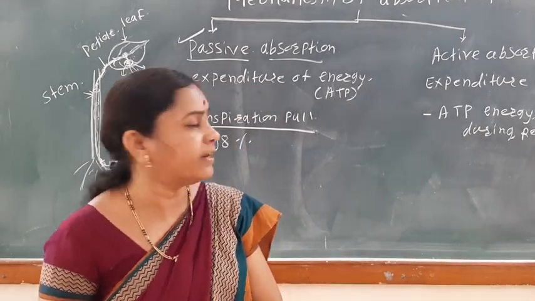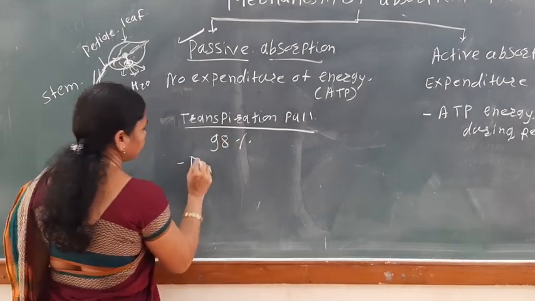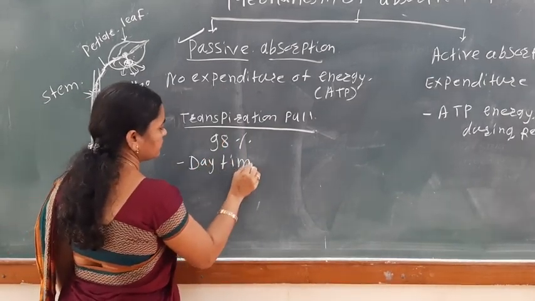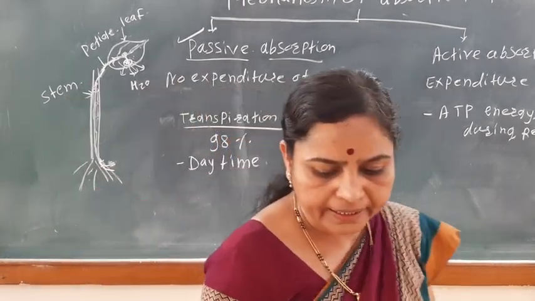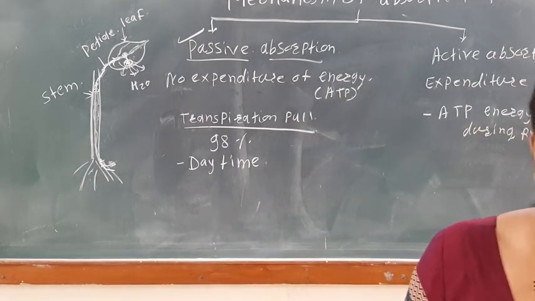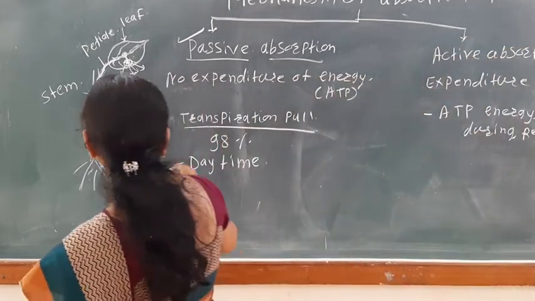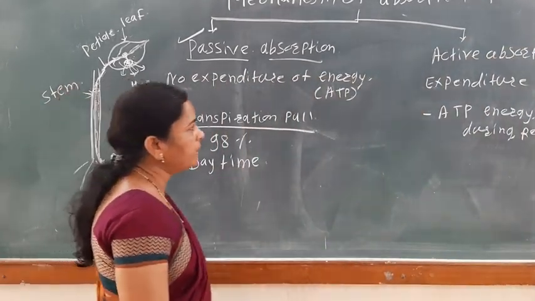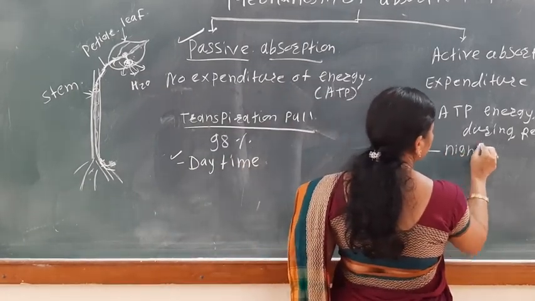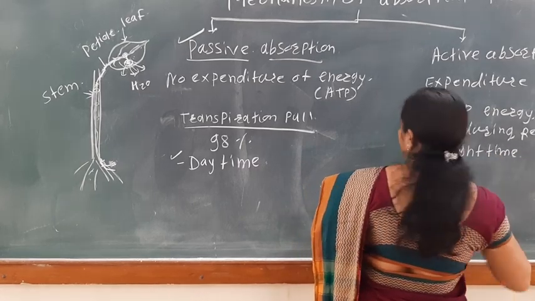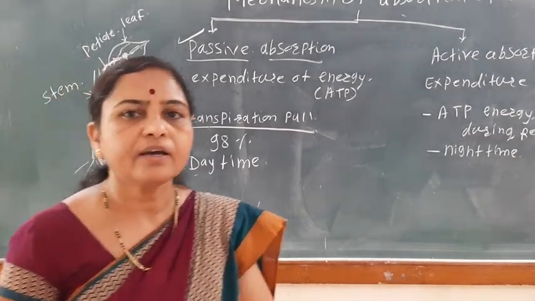So the transpiration process mainly occurs during the daytime. The process of passive absorption mainly occurs only during the daytime, while active absorption mainly occurs during the night time.